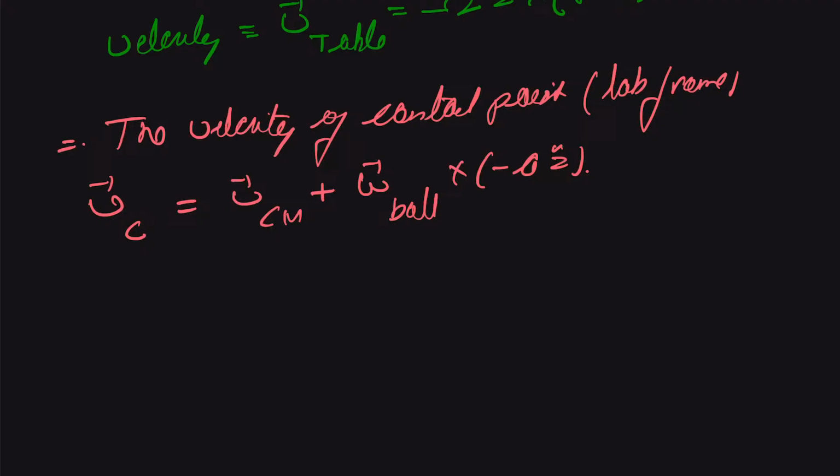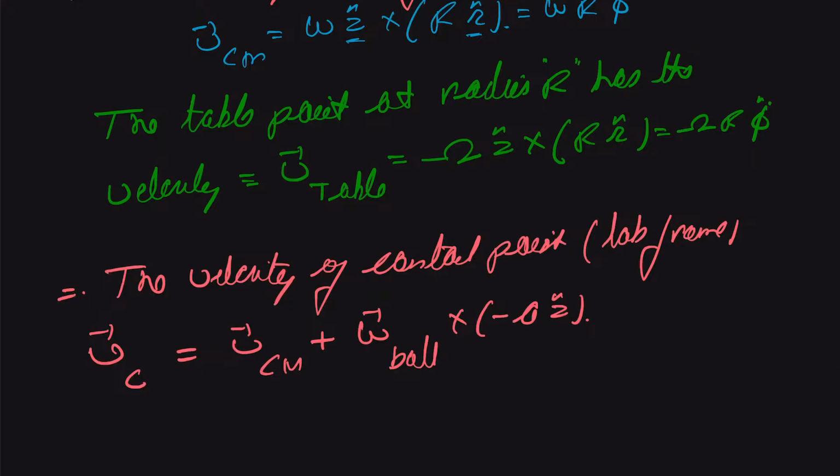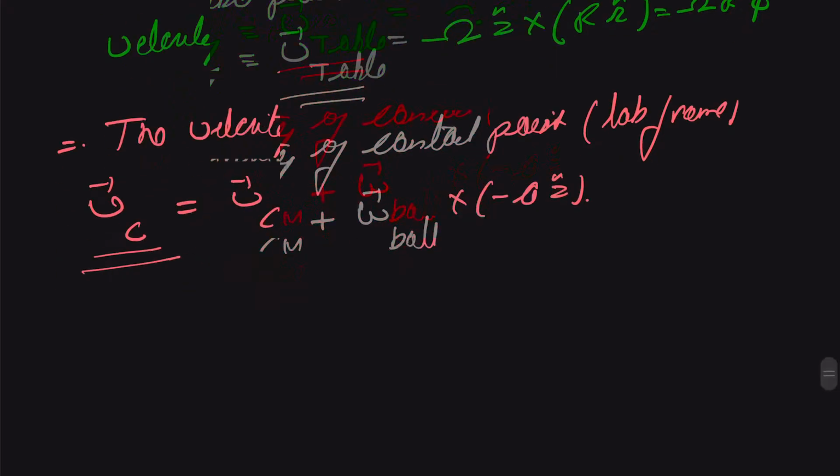And like we said, our velocity of the contact should be equal to velocity of the table. So these two should be same.